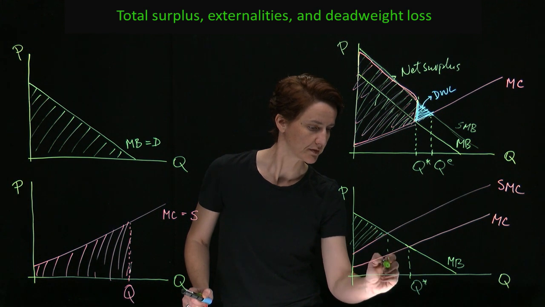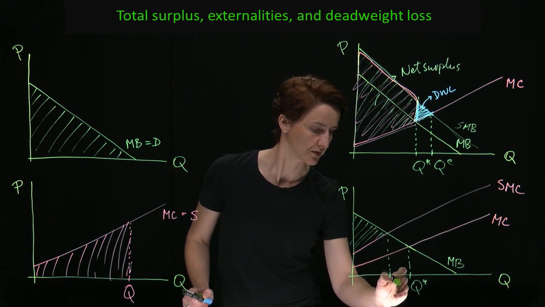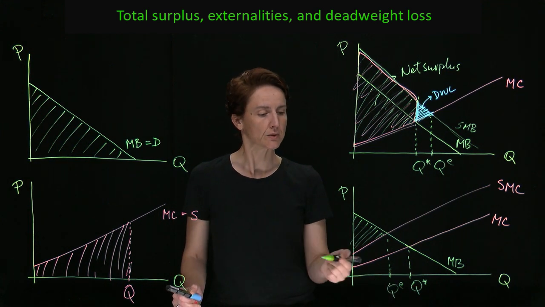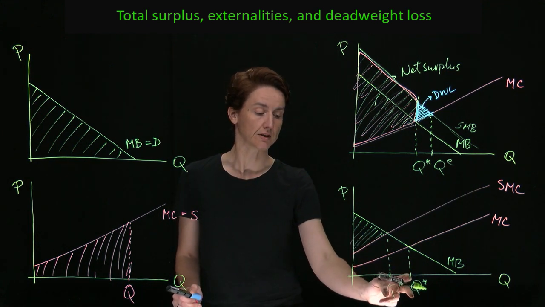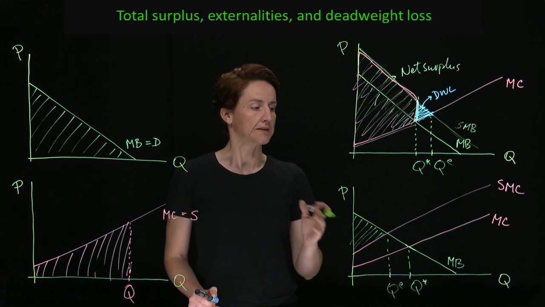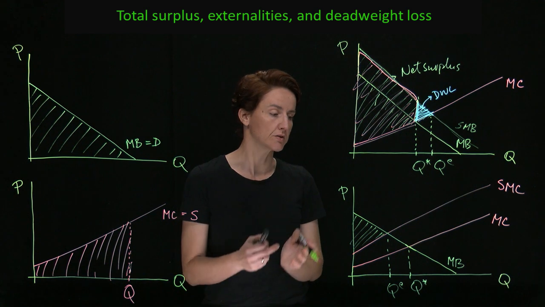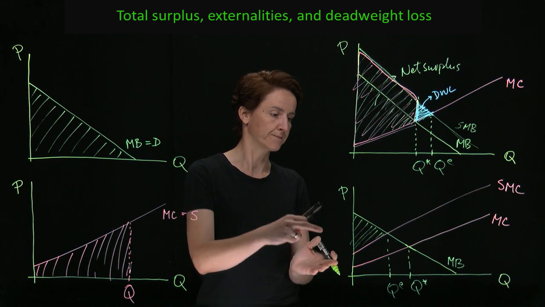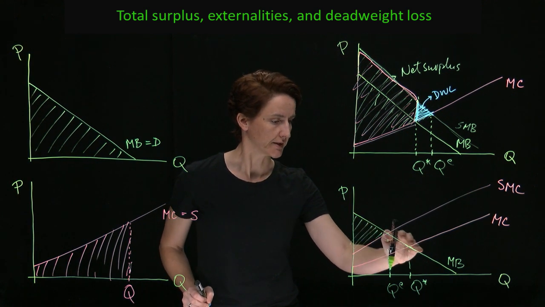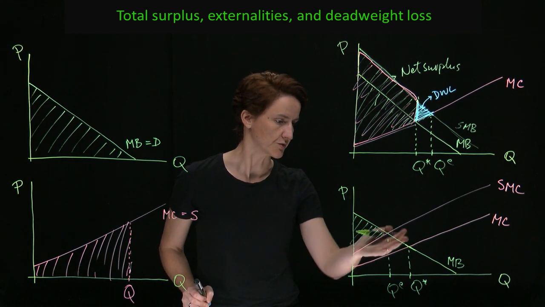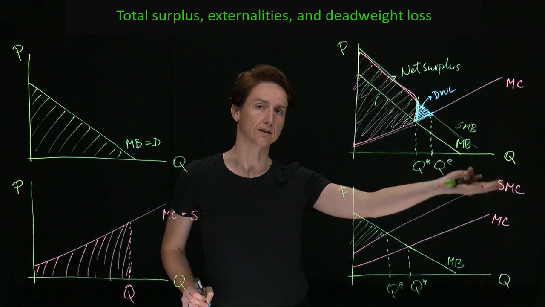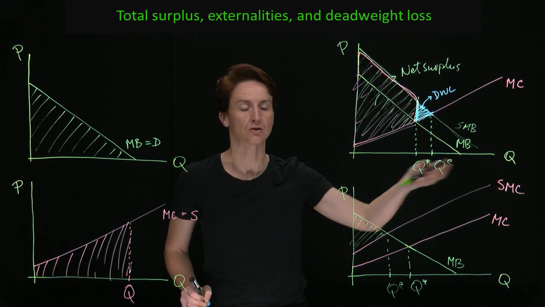And that will be achieved at quantity QE, which is below the market equilibrium quantity. So what will happen now if we're producing at Q star? If we're at Q star, the participants in this market, so consumers plus producers in this market, are still going to earn surplus that's the area above marginal cost and under marginal benefit, because they're not affected in any way by the externality, by definition.